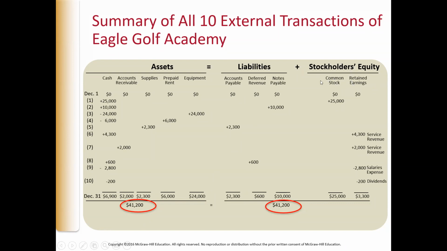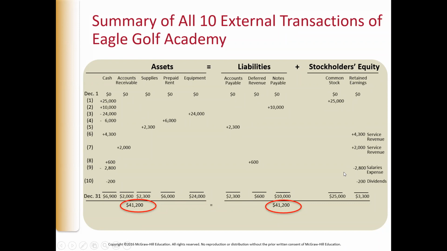The common stock is the capital or the equity raised outside of the company when people choose to invest in the company. Retained earnings is the equity or the net income, the earnings of the company that stay in the company. So revenues increase our retained earnings.